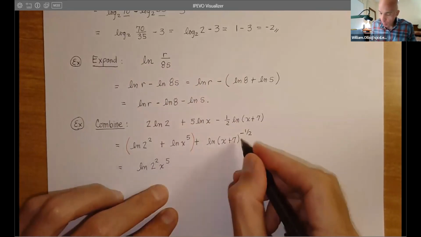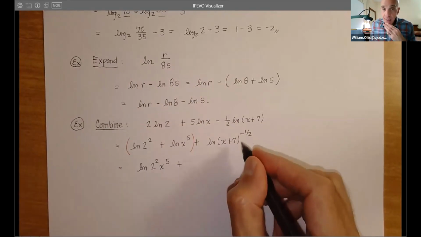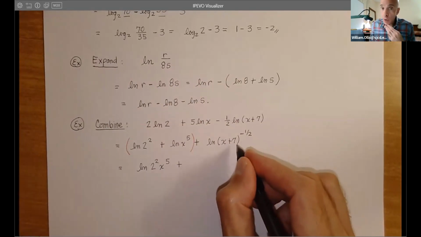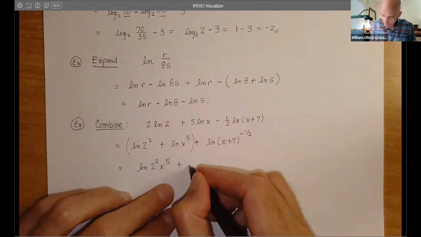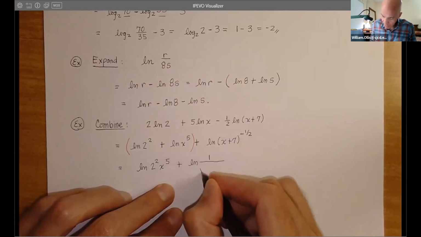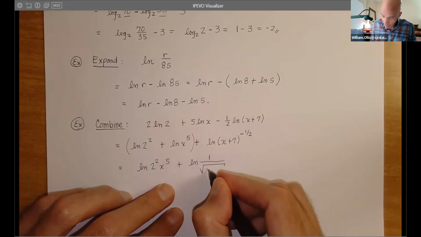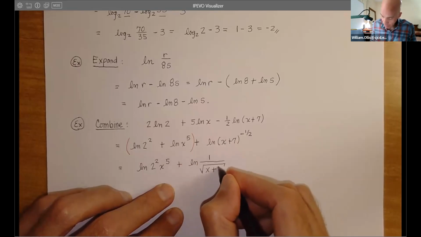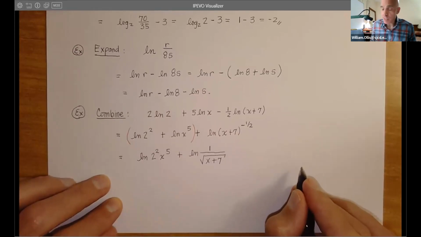And now, if you want, we can go ahead and write the last term as log of 1 over the square root of x plus 7 to get rid of the negative, just to make it look nicer. That way we'll have an expression that will come together more easily. But again, it wouldn't matter. Follow formatting. If the formatting is satisfied, an equivalent answer is fine.